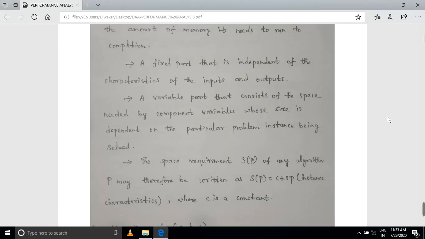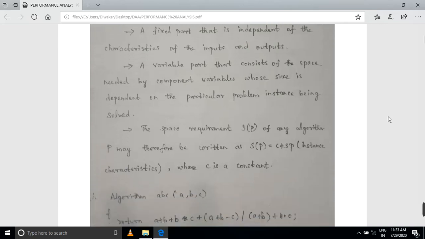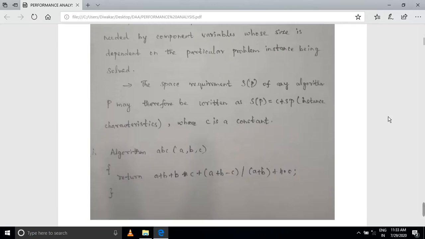Then, based on your particular algorithm, the space requirement may be written for a particular method. I give you the following algorithms as space examples. First one is algorithm ABC(A, B, C), which returns A plus B times C plus A plus B minus C divided by A plus B plus 4.0.